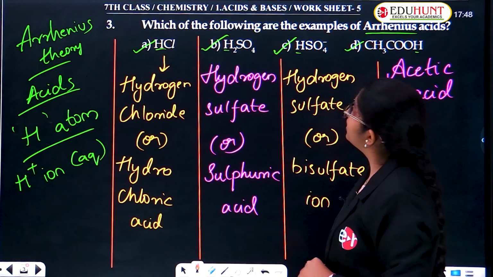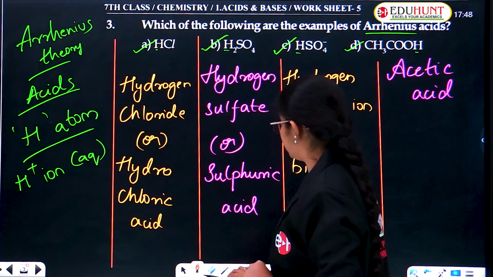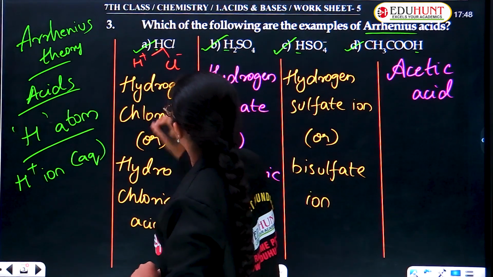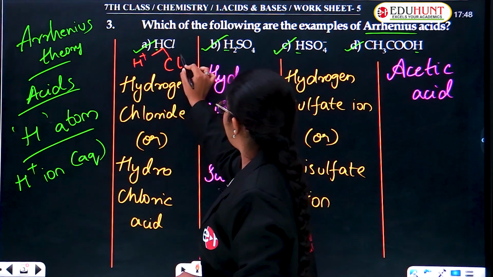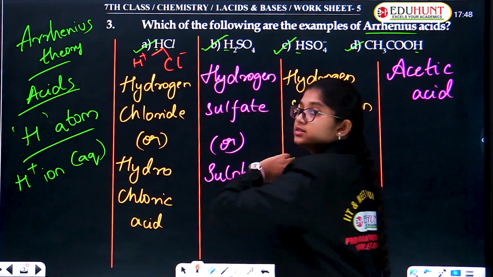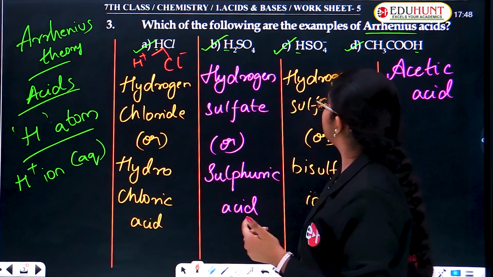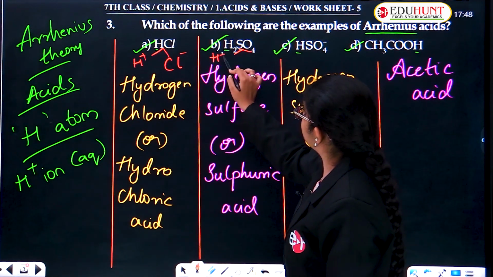Here in HCl, it gives rise to H plus and Cl minus ions. That's the reason it is considered an acid, because it liberates H plus ions, right? It also has an H atom, right?